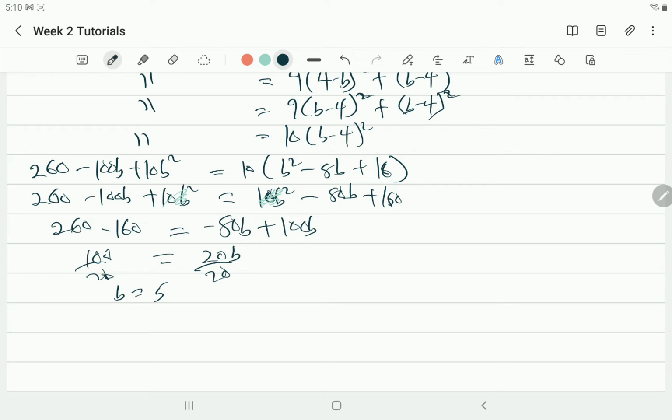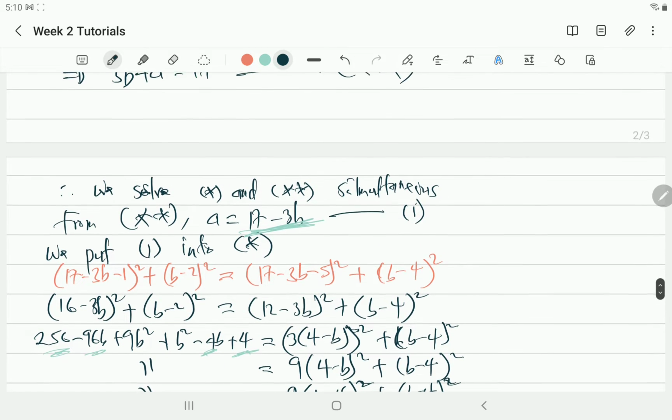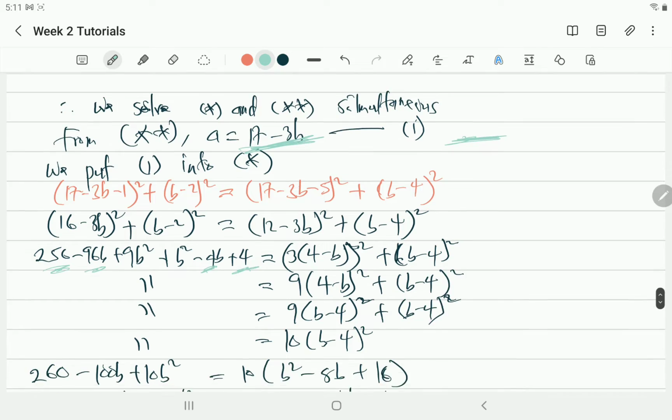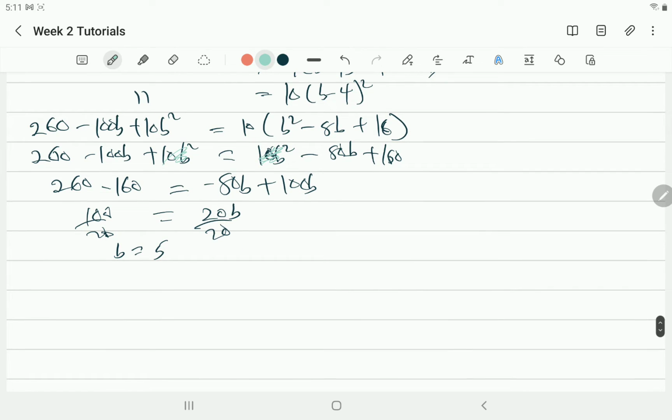I can quickly solve for a. Then remember we had some equation, sorry, equation 1. So this equation here is equation 1. I'm going for equation 1 to put b inside. So put b equal to 5 into equation 1.